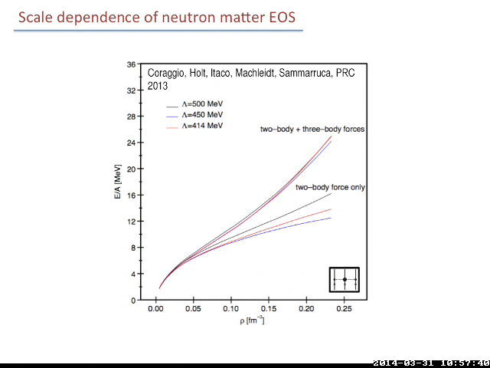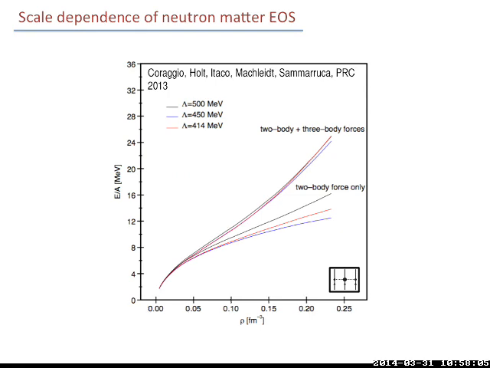Then if one looks at not the perturbative properties, but rather the scale dependence of the neutron matter equation of state, what you find is that with two-body forces only, there's a lot of scale dependence. But sort of amazingly, there's very little scale dependence when you include these consistent three-body forces. So that's a nice feature that we observed.